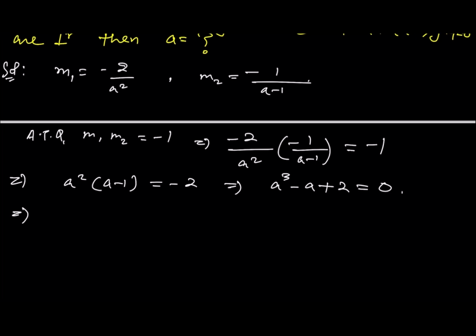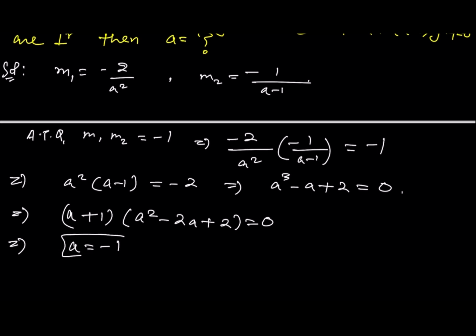From here I can say one factor is a plus 1 and the other factor is a square minus 2a plus 2 is equal to 0. So the quadratic factor has negative discriminant, so it will not give any real root for a, so a is equal to minus 1, which is the required answer.